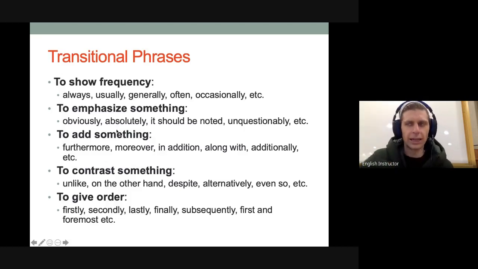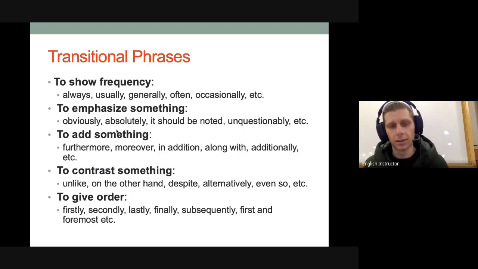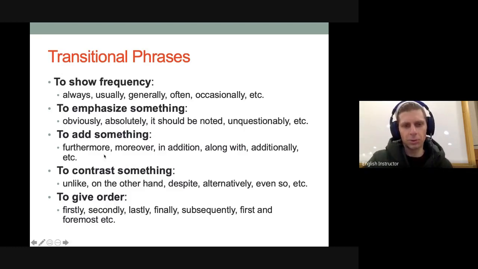But that you're adding on another example. Additionally, you can do any of those phrases to indicate that you're moving to another argument or example or even another idea. And so the same thing happens with the contrast ones, right?